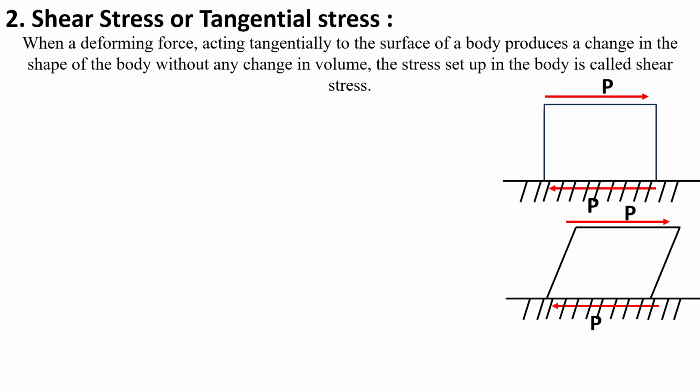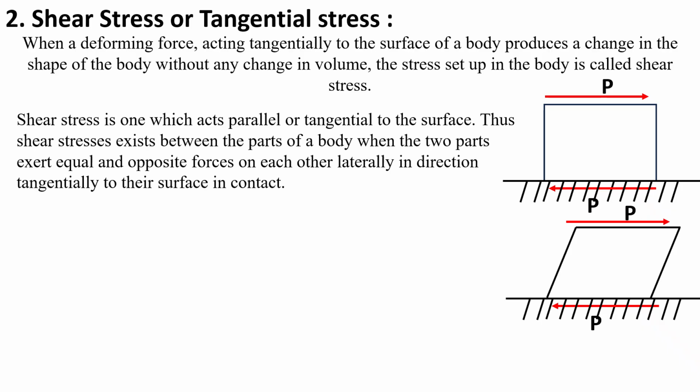Next we look at the shear stress, or tangential stress. When a deforming force acting tangentially to the surface of a body produces a change in the shape of the body without any change in volume, the stress set up in the body is called the shear stress.